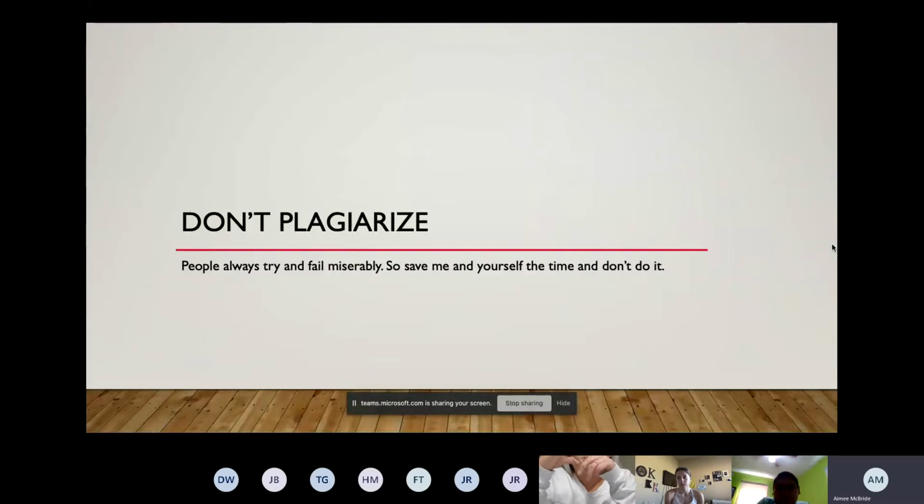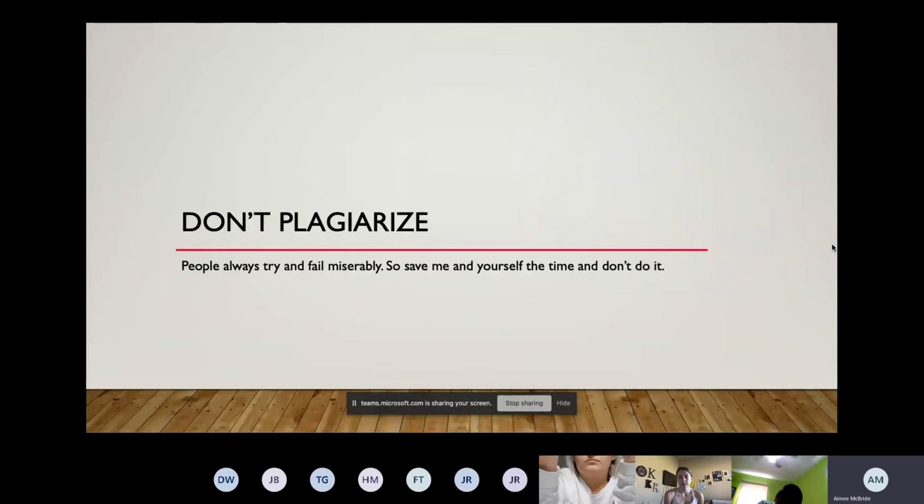Of course, as with any course that you're taking here at Midland College, please do not plagiarize. Every assignment that you do goes through a system called Turnitin, which checks for plagiarism. Inevitably, every time I teach this course, someone tries to plagiarize something and they get caught every time because it goes through that system.